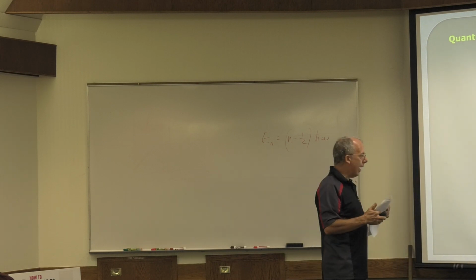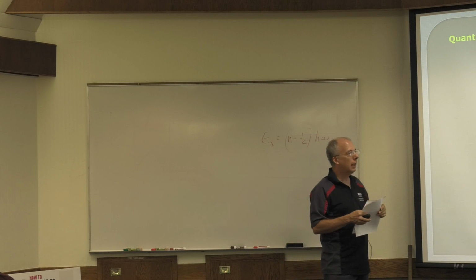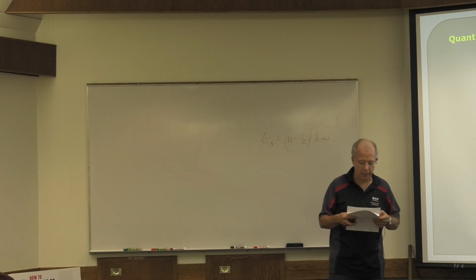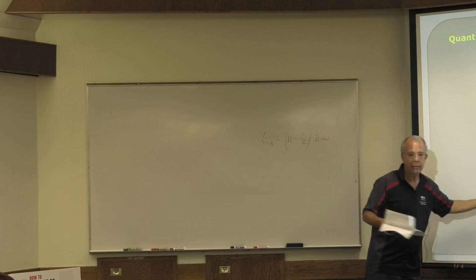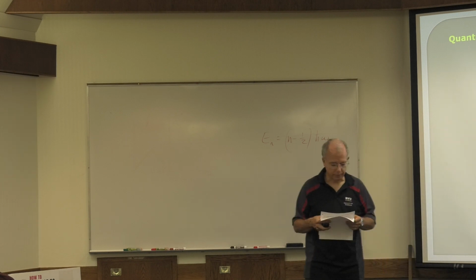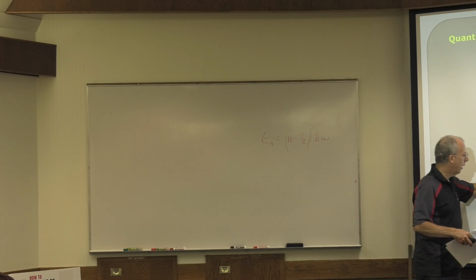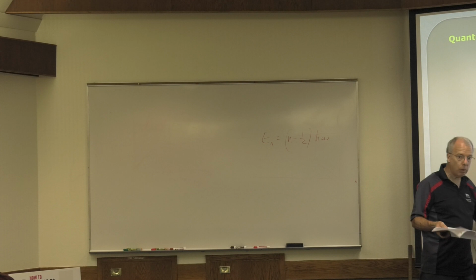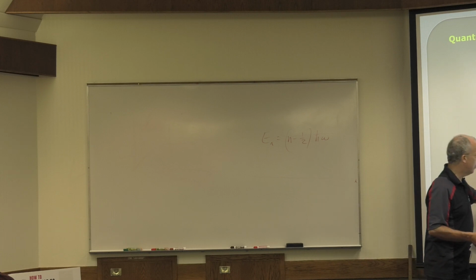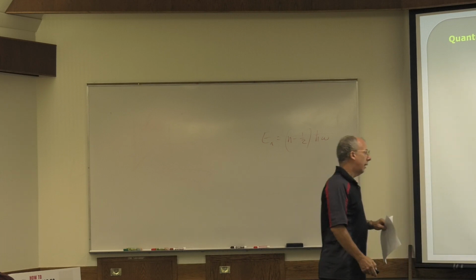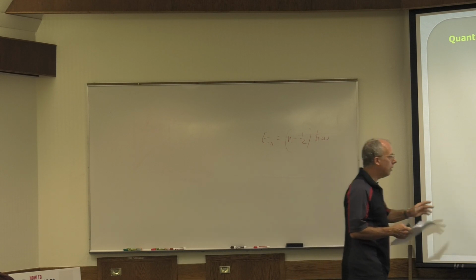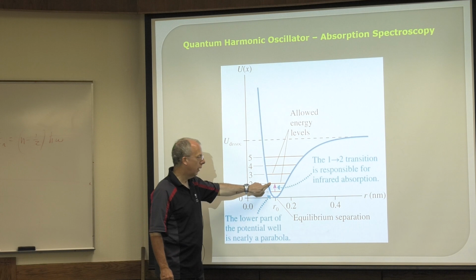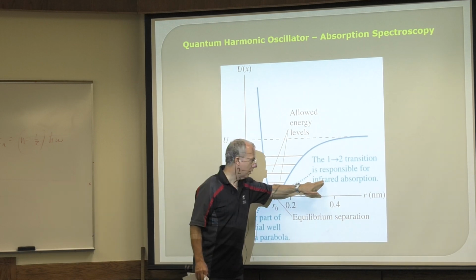Now, typically at room temperature, atoms and molecules are in their ground state, n equals 1, right? We know that. So how do they go from energy 1 to energy 2? Well, they have to absorb energy from a photon. That's one way to do it. And it turns out that the energy from here to here is usually infrared.